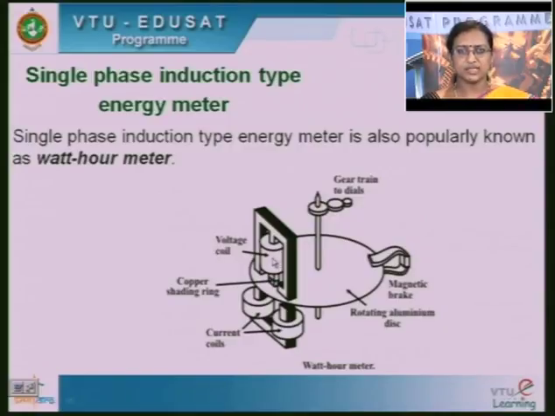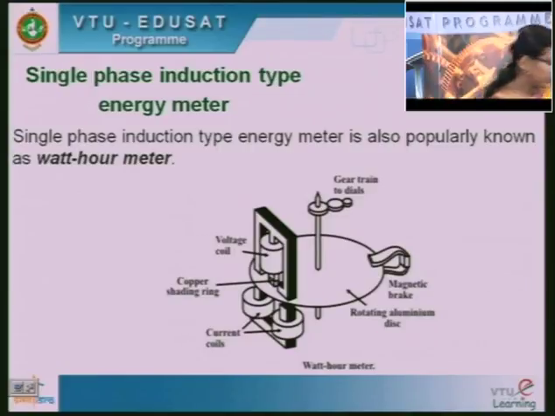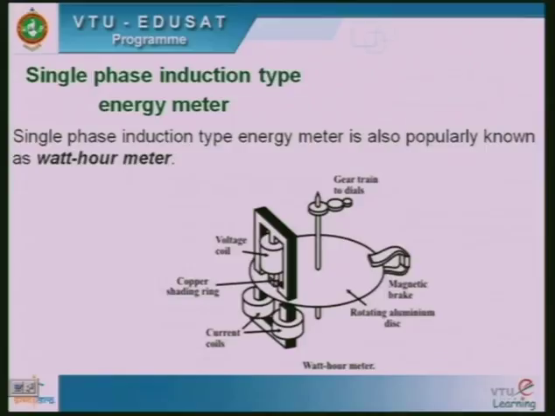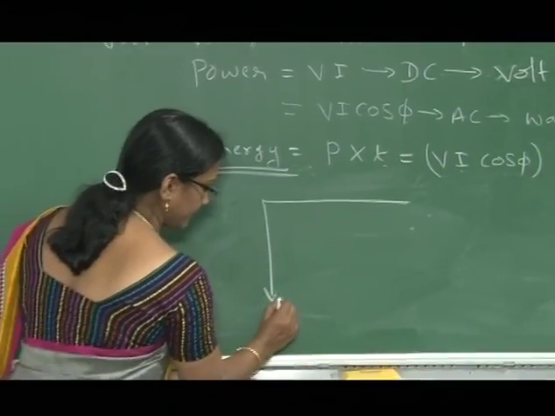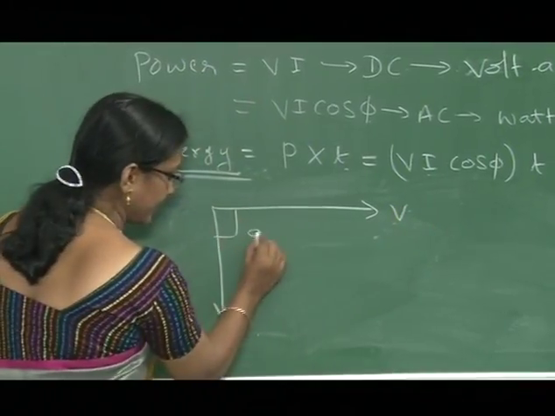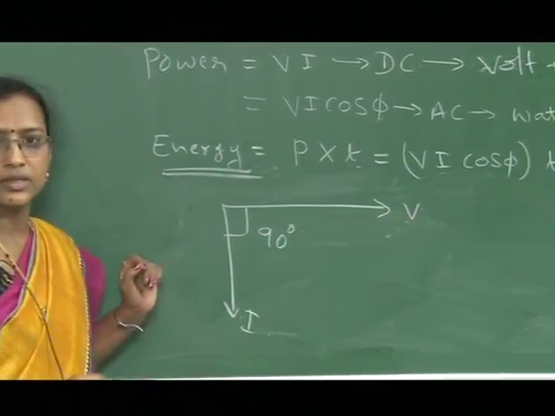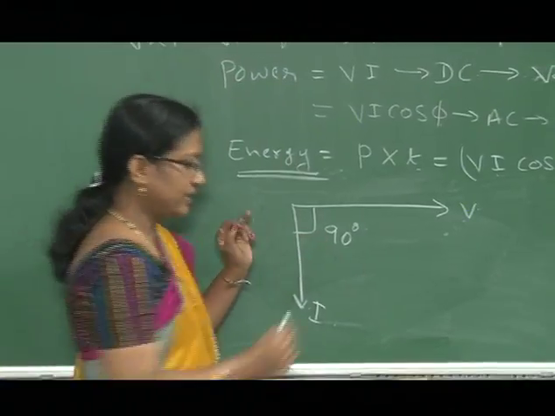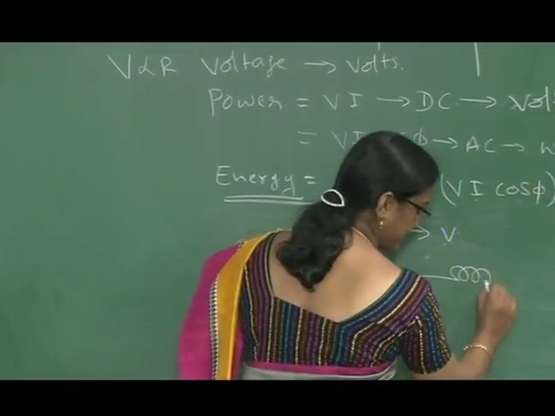This voltage coil is arranged in such a way that it has a high inductive effect. High inductive effect means the current flowing through this coil lags the applied voltage by an angle of 90 degrees. But in a coil there will always be a small resistance.